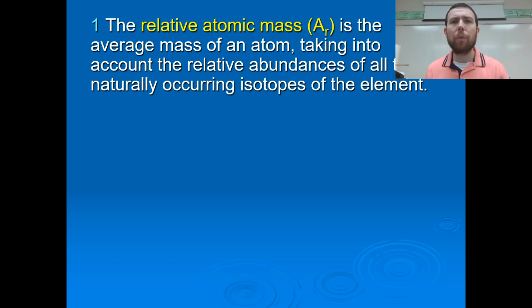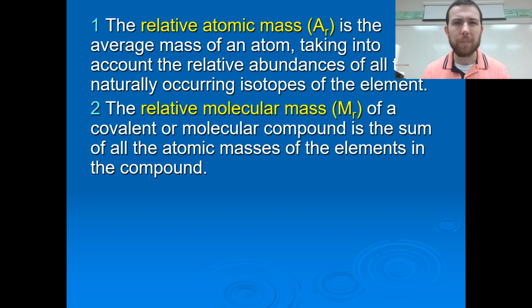Okay, because what we're doing is we're taking into account all of the relative abundances of all the naturally occurring isotopes of carbon. So not just carbon-12, but carbon-12, carbon-13, carbon-14, and whatever other carbon isotopes that we have. Hopefully that makes sense, right?